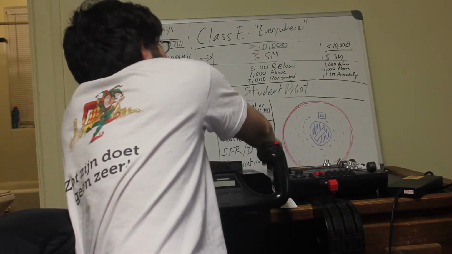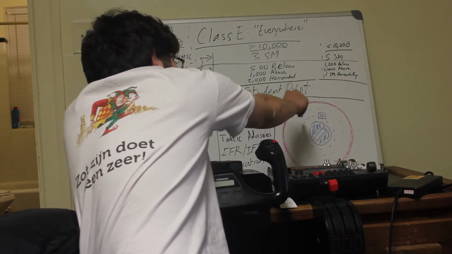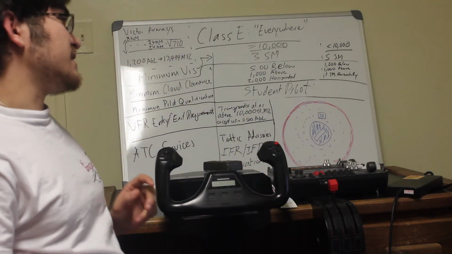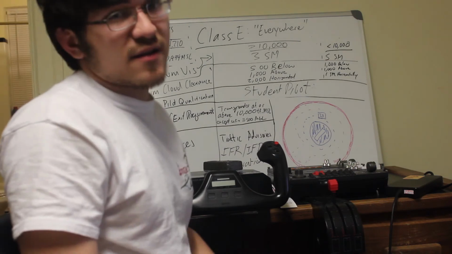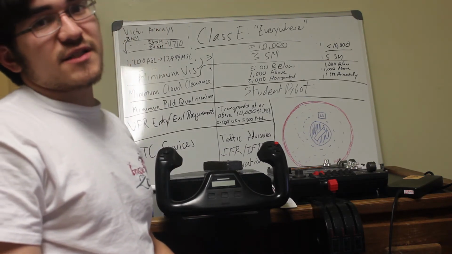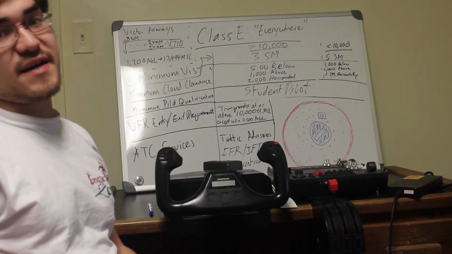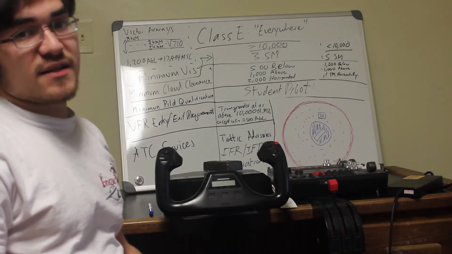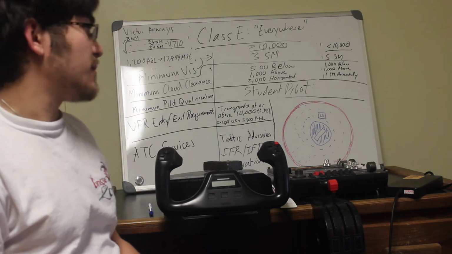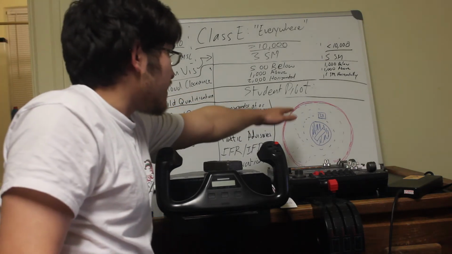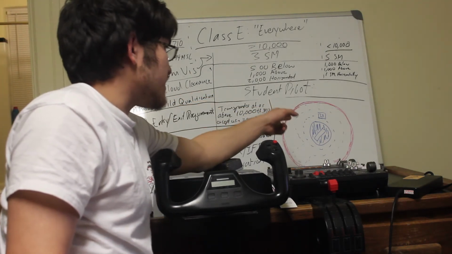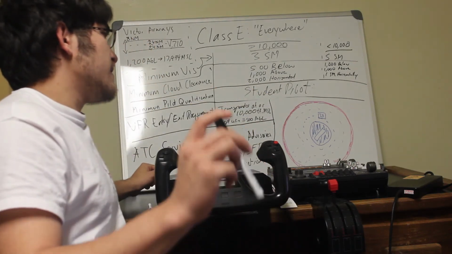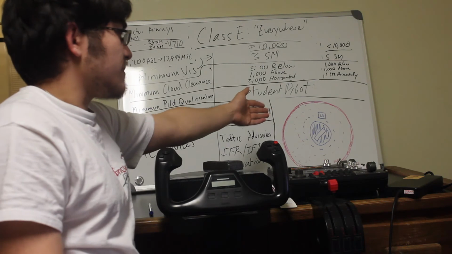I've included Class D here, and the reason I've included Class D when I'm talking about Class E is that Class E is pretty much everywhere unless it's superseded by a more controlled airspace such as Class D, C, or B. So basically here, until you get to the ceiling of Class D, which according to this is 2,500 feet MSL, there is no Class E there. Above it is Class E.